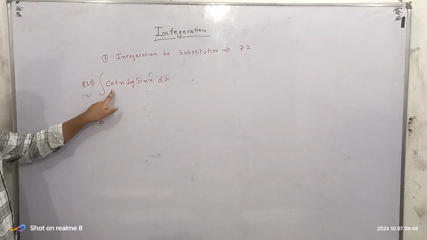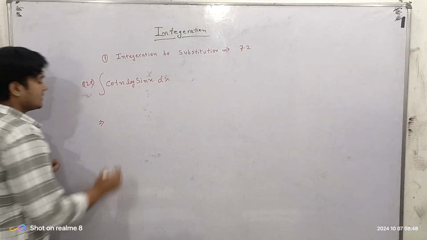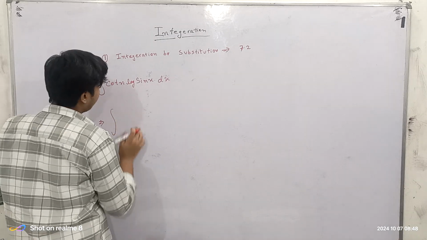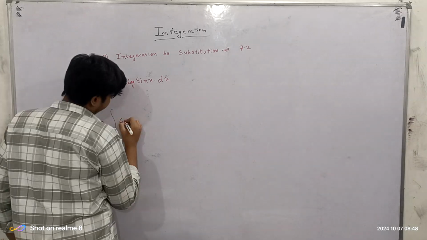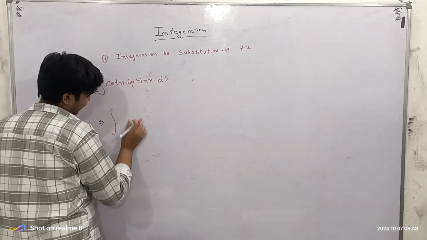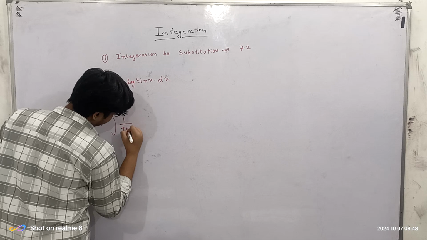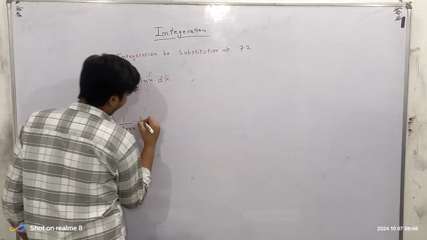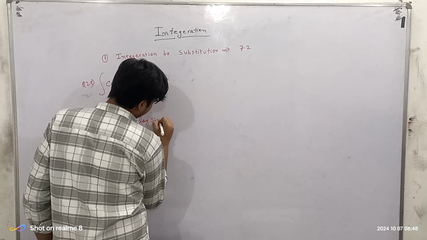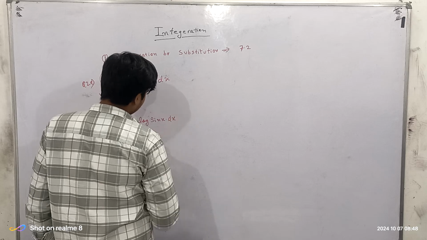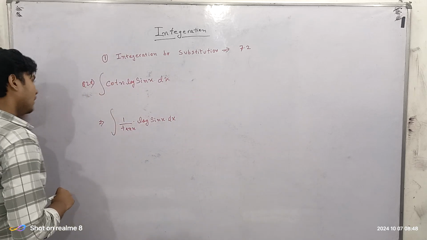Integrate. We can see here cot x. First we will simplify. Cot x can be written as cos x by sin x, or 1 by tan x, so 1 by tan x into log sin x into dx.